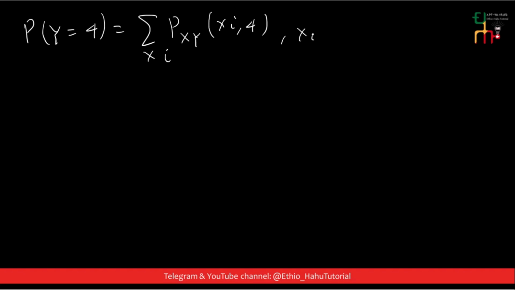The marginal probability mass function of y is equal to 4 ማለት ነው, the sum of the joint probability mass function of xi, 4 for all xi's. xi is equal to 1, 2, 3. And ስናወጣው ምን ይሆናል? Probability of xy of xi is 1, y is 4 plus xi ብቻ ነው የሚቀየረው.